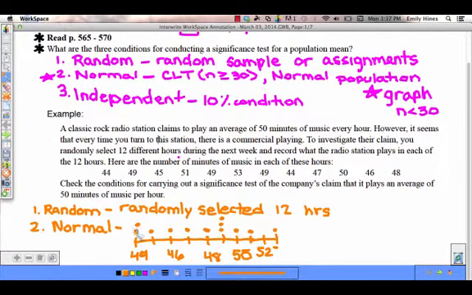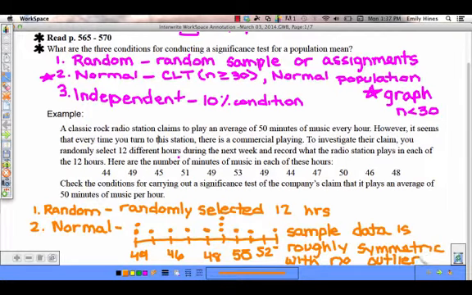Okay, so we can see our dot plot here of our 12 radio hours. It seems to be relatively symmetric. I go low, I go high, I go low again. No outliers, so that's what we're going to say. Sample data is roughly symmetric with no outliers.